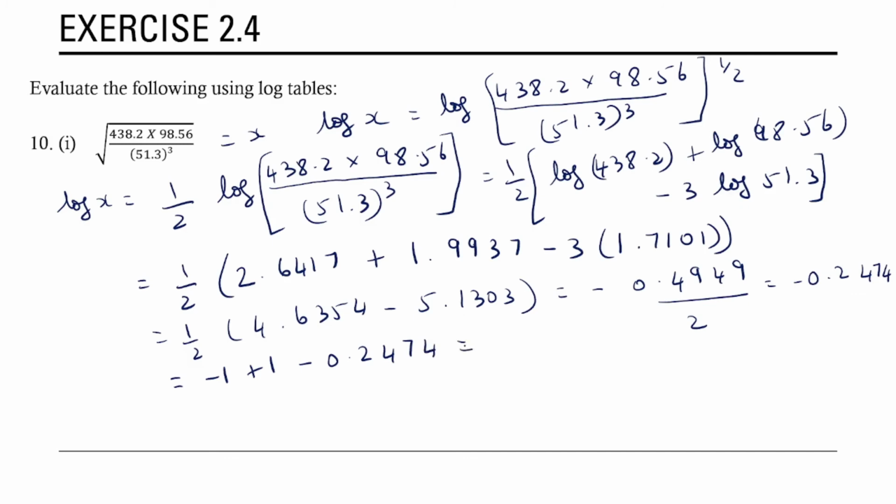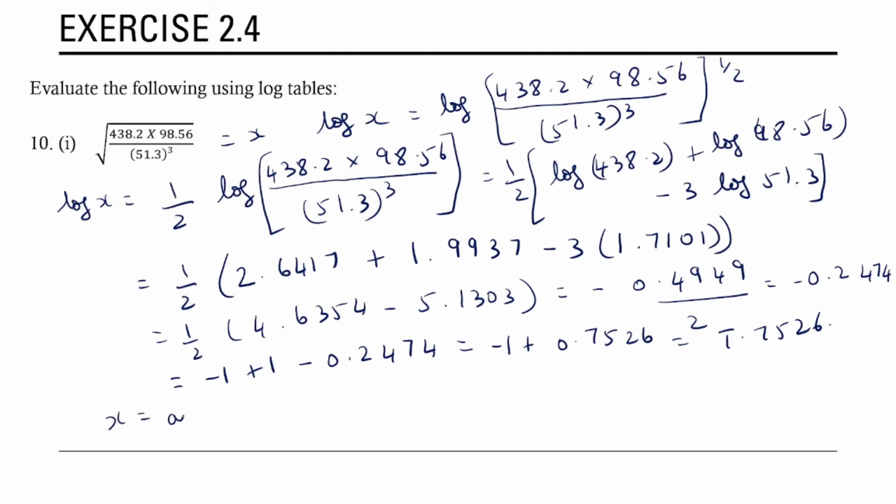Because in our log tables, we could find only antilog for this positive mantissa part. So this is equal to minus 1 plus 1 minus 0.2474, it will be minus 1 plus 0.7526, or this is equal to bar 1.7526.